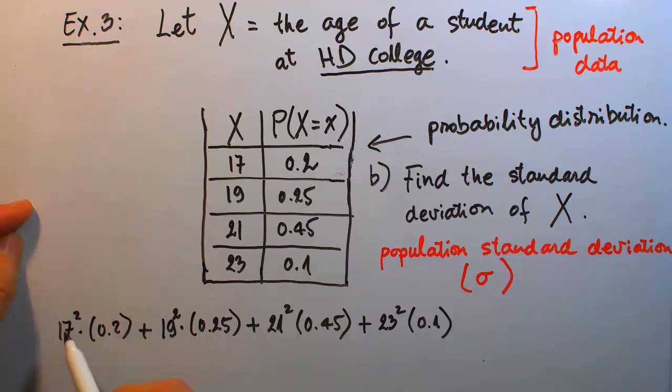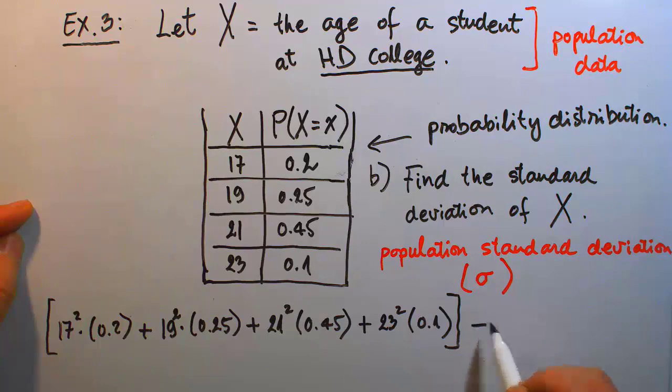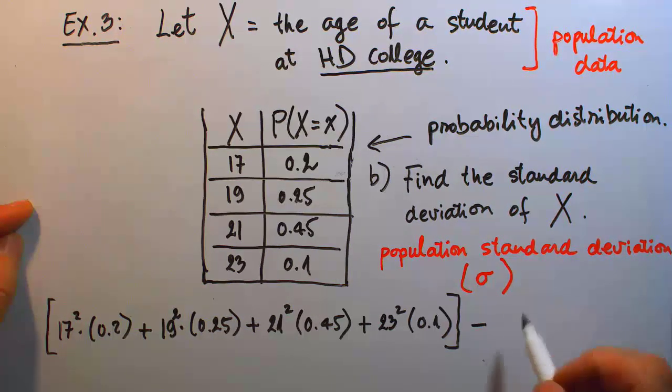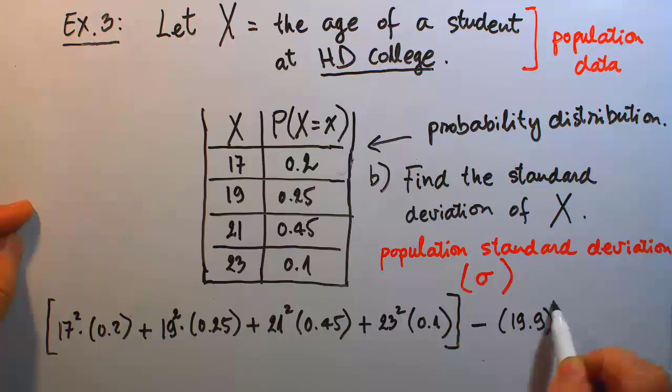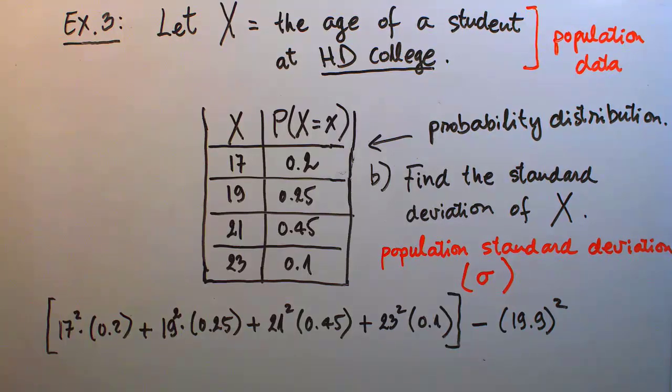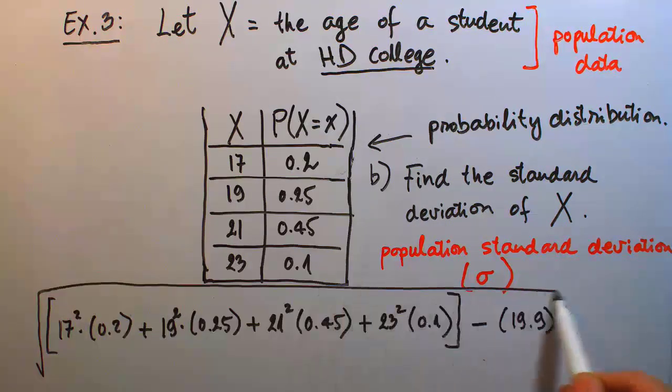You can see that I'm writing this down in a certain order so that it keeps your work safe. After we finish adding all the pairwise products, we're going to subtract. Keep in mind, we already found the mean value in part A, and the mean value was 19.9. So now we subtract the square of 19.9. Then after subtraction, we take an overall square root.